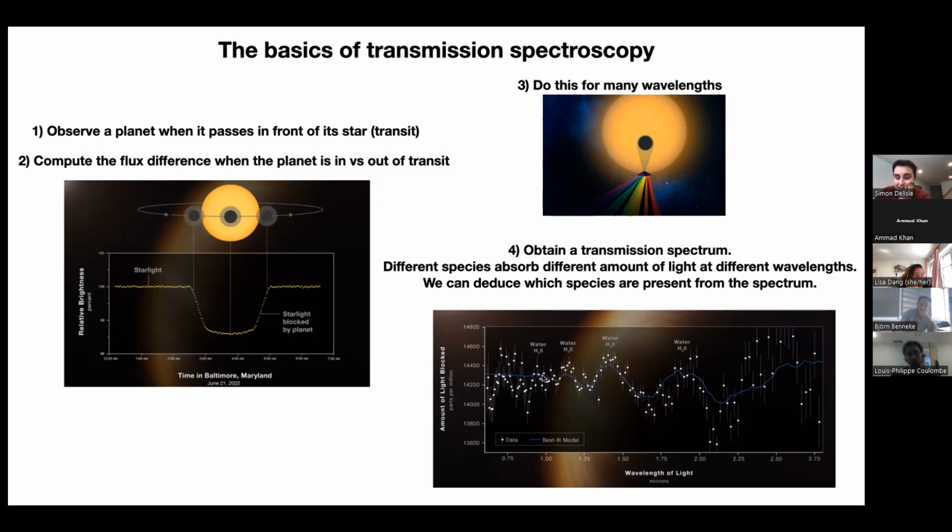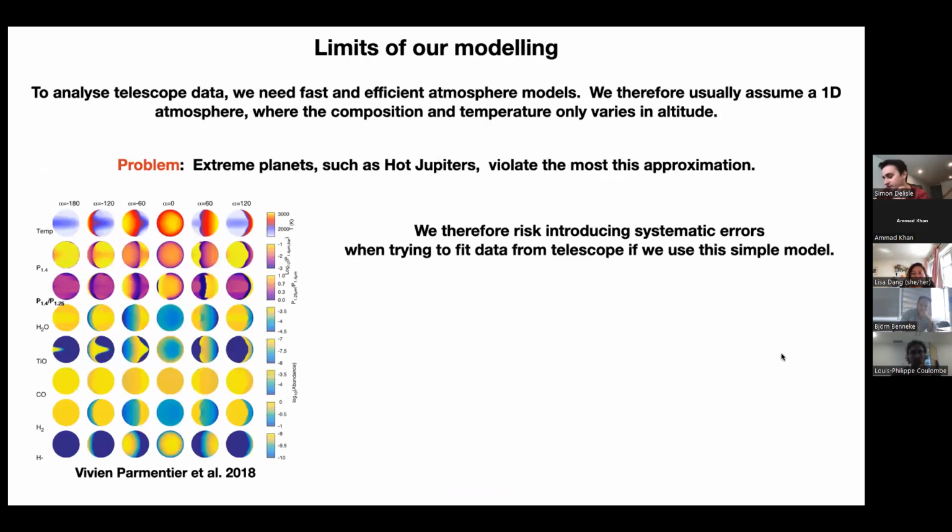Now, how do we get this nice blue curve here? How do we get this model? Usually what we do is we assume a 1D atmosphere. What that means is we build an atmosphere that only has variation in altitude. So there's no latitude and longitude variation, meaning that your North Pole has the same temperature and the same composition as your equator, for example.